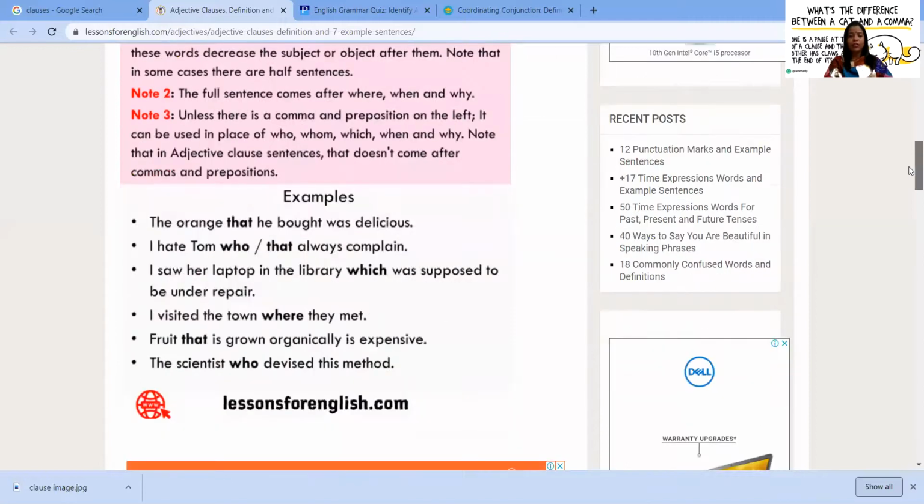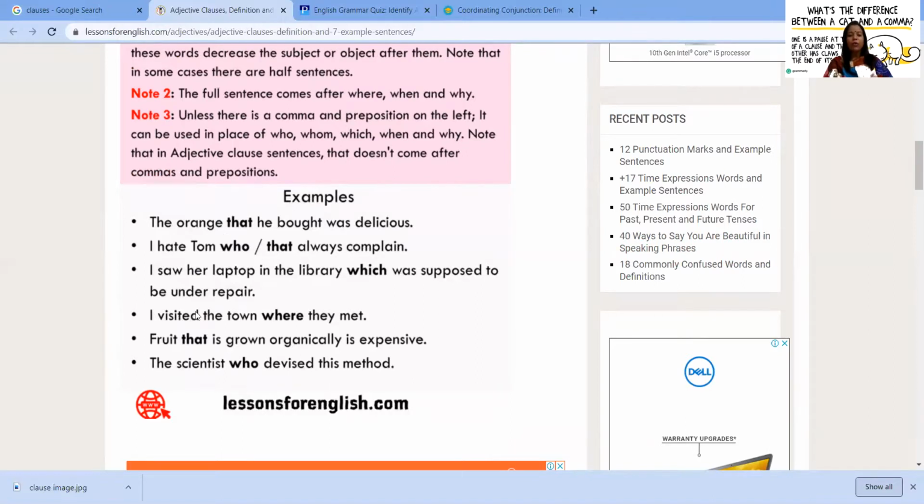Okay, let's take a quick look. The orange that he bought was delicious. Now, when I'm talking about the adjective clause, see, there is no comma. So we have to remember that. I hate Tom, who always complains. So here also there is no comma.